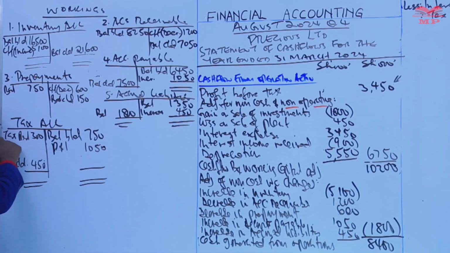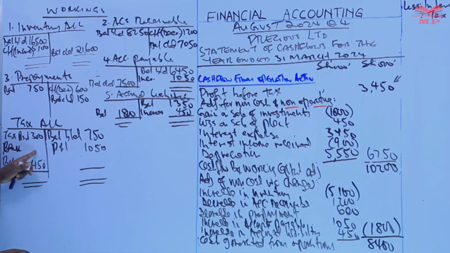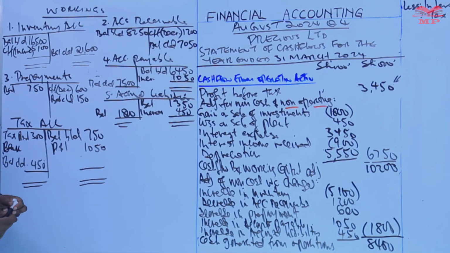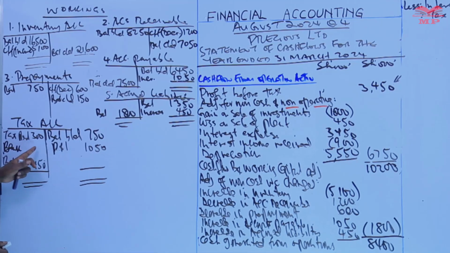So we have the difference here, money that was paid to the bank. So the bank account is credited, tax account debited. What is the balancing figure? How much tax was paid? Because I can see this side is greater than this side. So that means that there was tax that was actually paid.